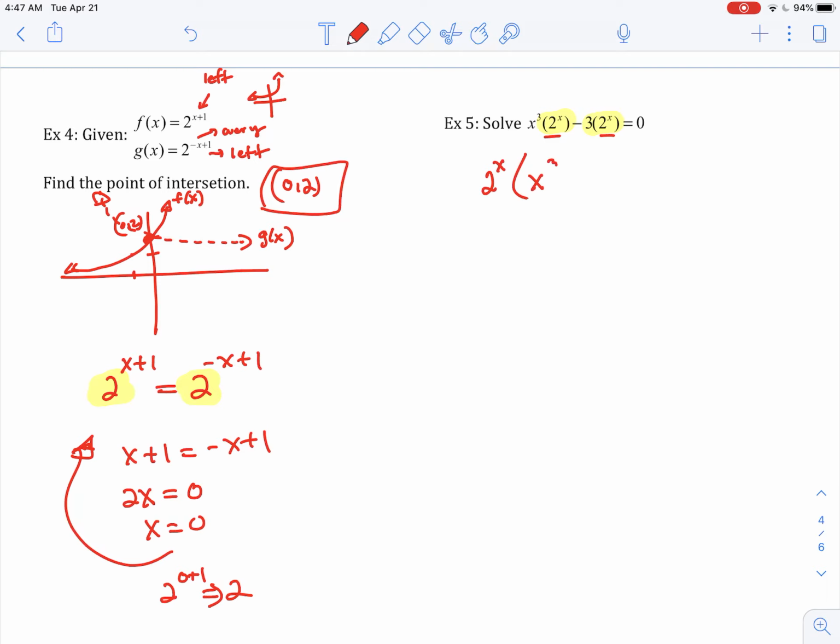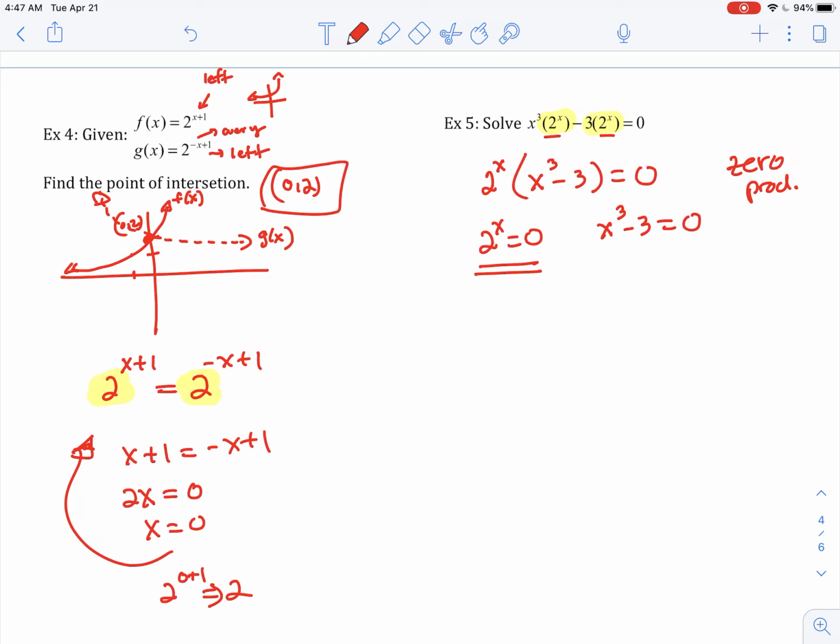So if I factor out my 2 to the x, I'm left with x cubed minus 3 equal to 0. And we're only going to solve for our real solutions. And we can apply our zero product property. So either 2 to the x has to equal 0 or x cubed minus 3 has to equal 0.